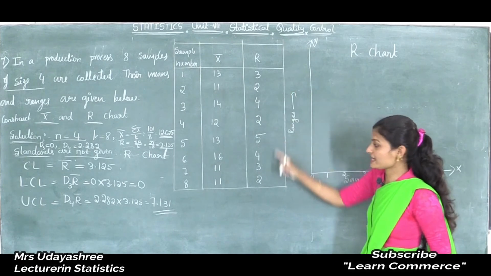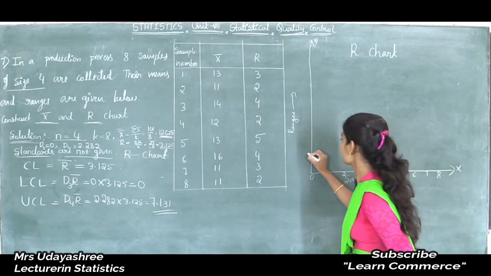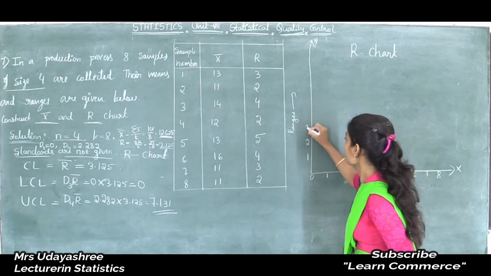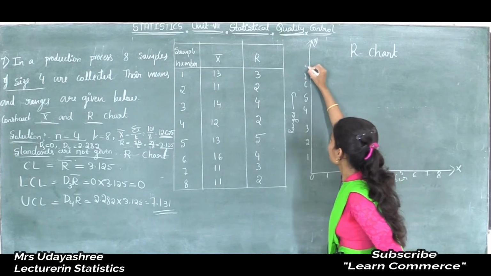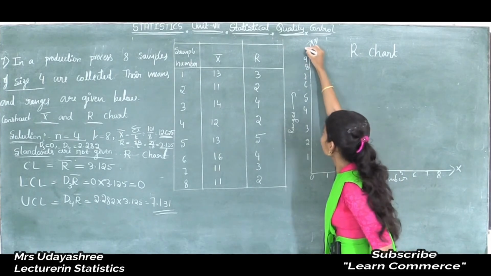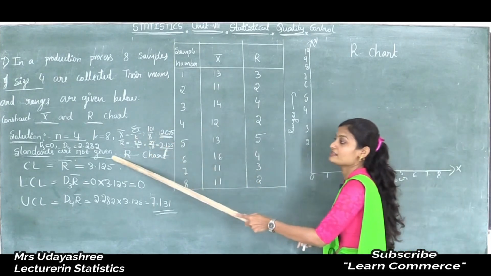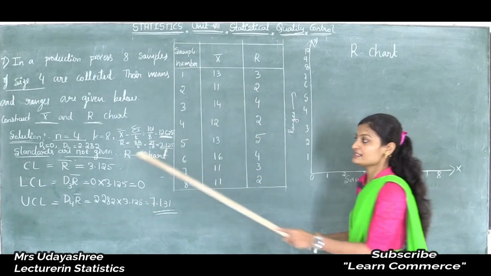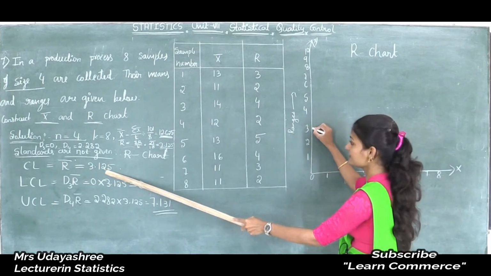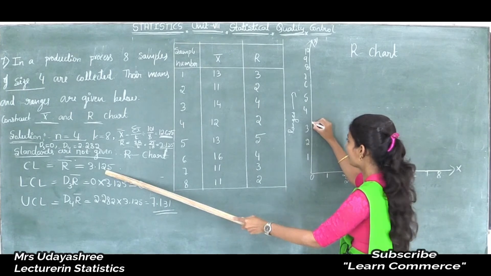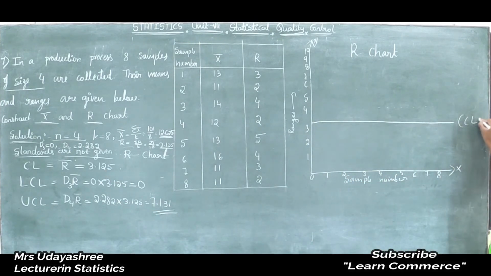I will take y-axis values like this: 1, 2, 3, 4, 5, 6, 7, 8, 9 and 10. First I will plot these control limits on this graph. See here, the central line is 3.125. So 3 is here, 3.125 is here. So here horizontally I will draw the central line like this.